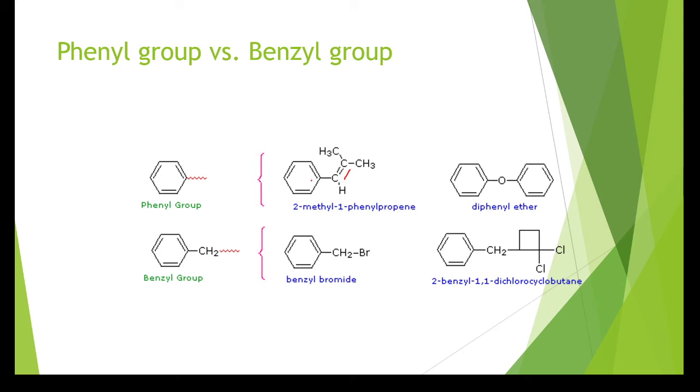And the group is directly bonded to it, therefore it's a phenyl group, depending on who you talk to. If there is something in between, it's known as a benzyl group. If there's a CH2 in between, this could be a longer chain, it could be a bromine like it is, an OH, whatever it is over here. If there's a CH2, then the benzene group, then it's known as benzyl something. Phenyl if it's directly attached, benzyl if there's the CH2 connector.